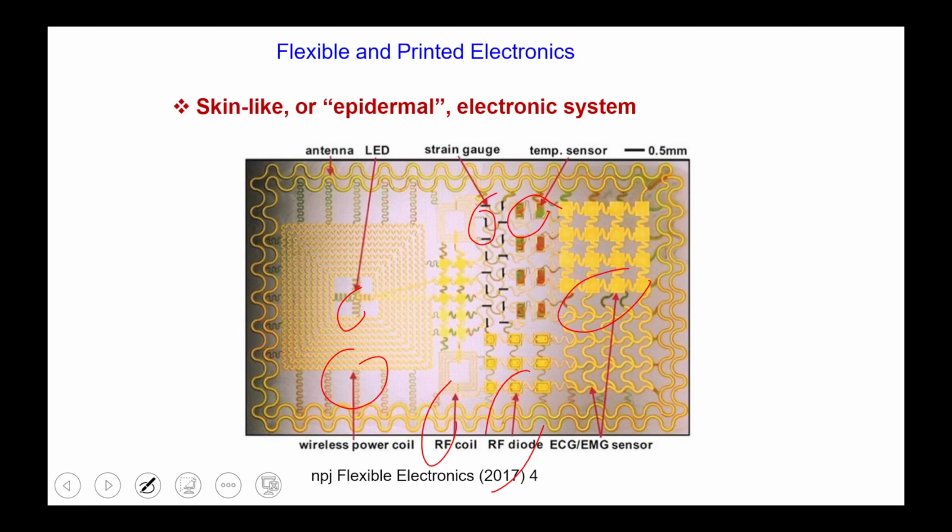We have the strain gauge sensor here. We integrate the temperature sensor. We have integrated the ECG, EMG sensor. So in the medical field, we can design a sensor which can monitor ECG or EMG, and its size should be 0.5 mm. In a size of only 0.5 mm, we integrate all these small sensors on one flexible device.